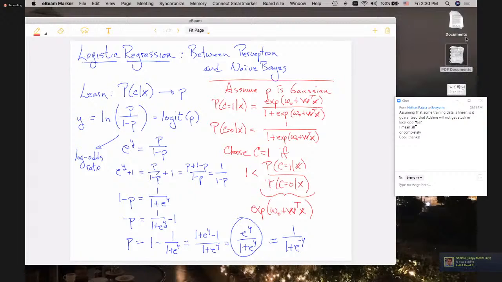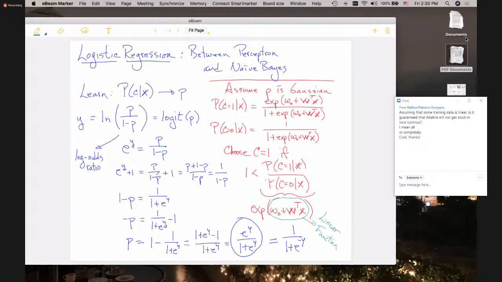So this is really quite interesting because look at what we have right here. This is just a linear function. And what are we trying to learn?